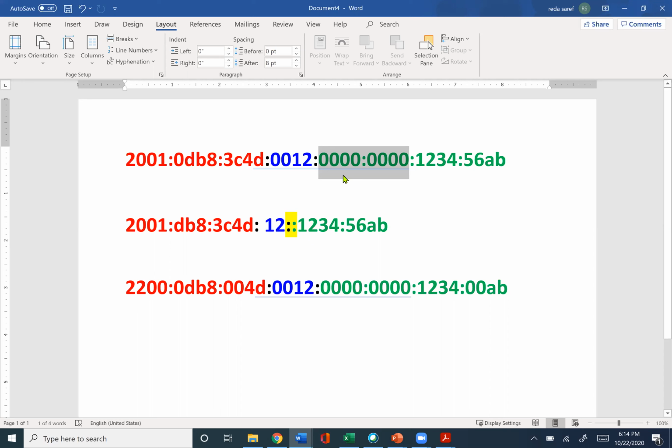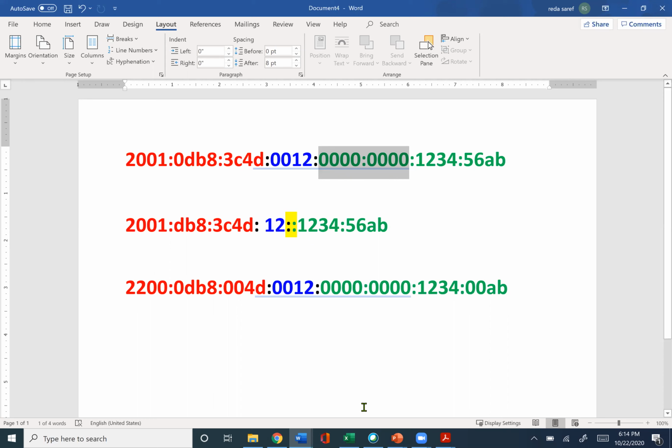This is how an IPv6 will look, and they'll ask which of the following is the correct representation of the above IPv6.